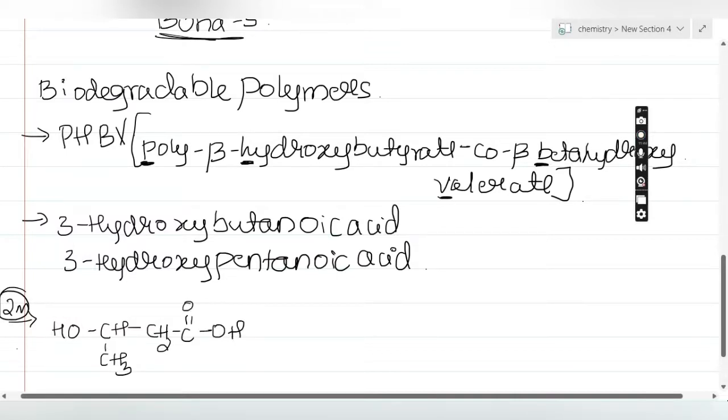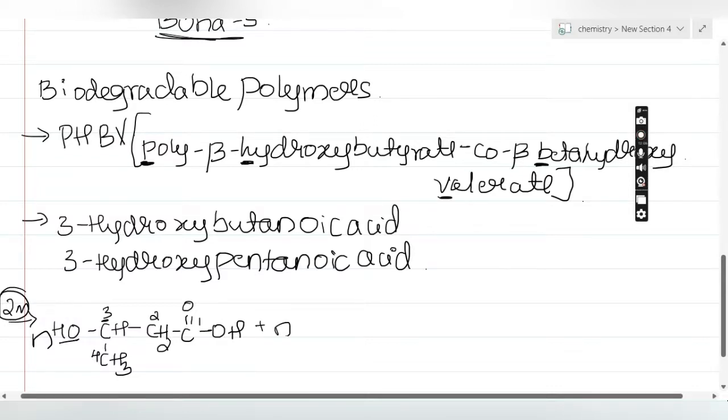We will take n molecules of this. Here you should notice this is carbon number 1, carbon number 2, carbon number 3, carbon number 4. It is a butanoic acid. Please highlight here, at the third carbon atom there is an OH group. Therefore 3-hydroxy butanoic acid is written.